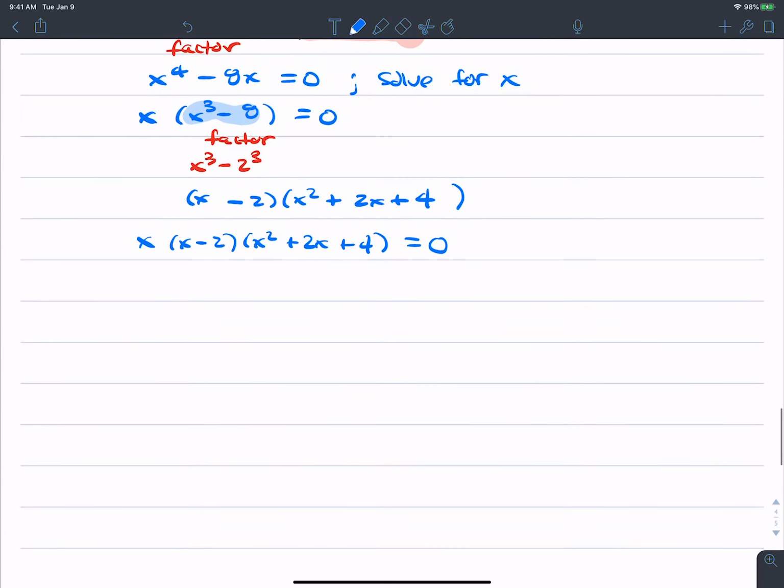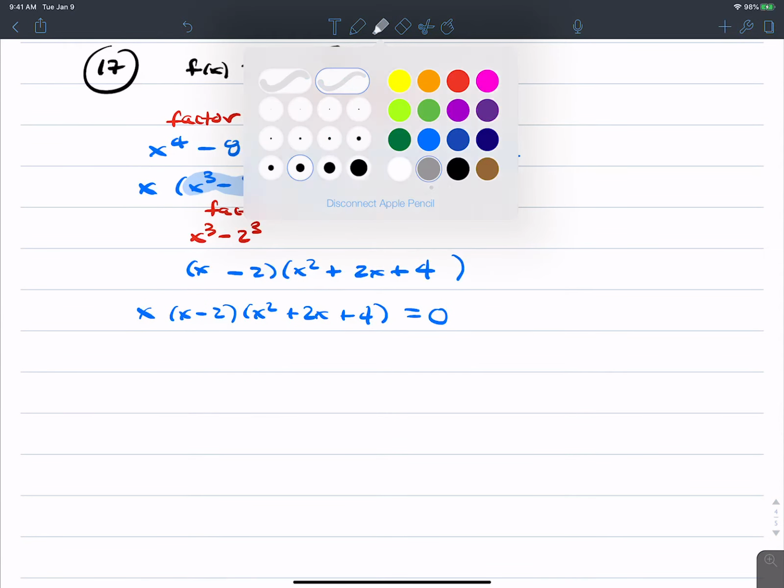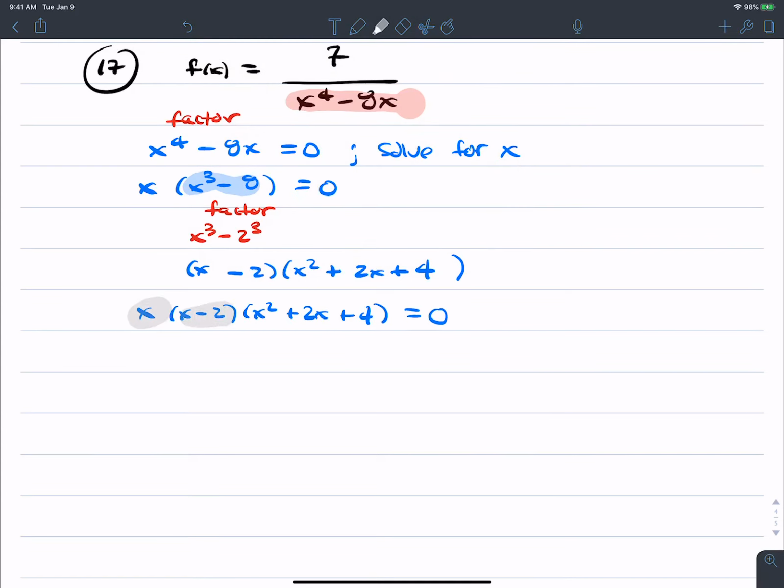And so by the zero product rule, again, we have one term, a second term, and a third term equal to 0. Let me remind you, like the prior example, this term is not factorable.